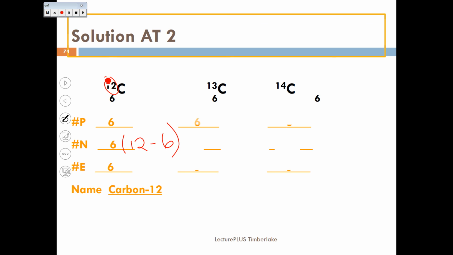Carbon-13, 6 protons, 7 neutrons, 6 electrons. The name is carbon-13. Carbon-14, have 6 protons, 8 neutrons, 6 electrons, and then carbon-14.